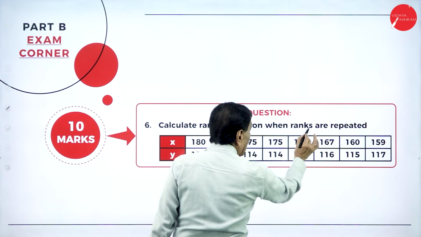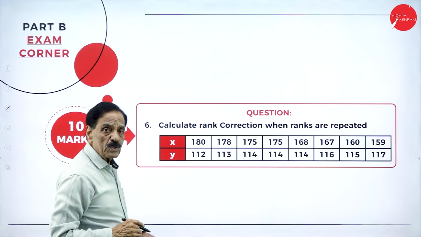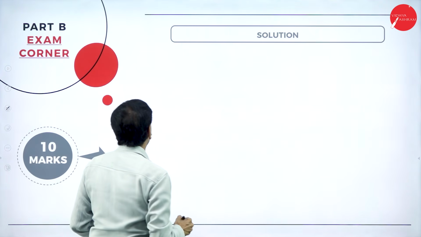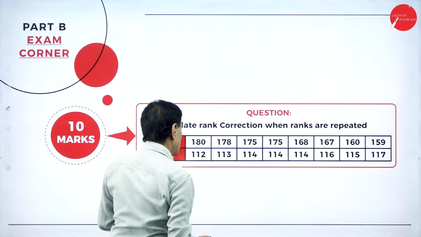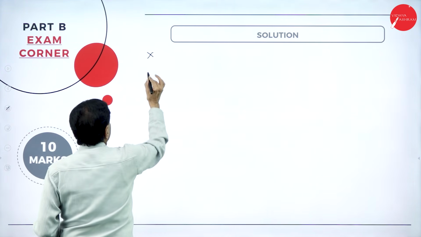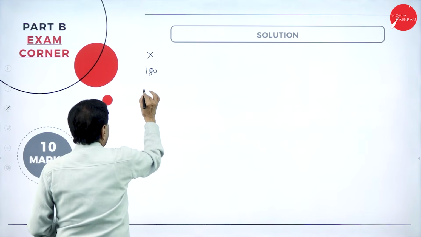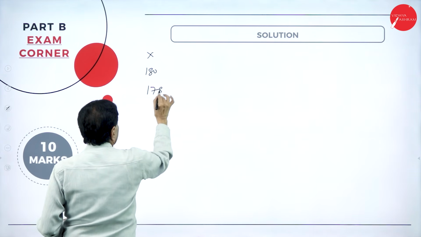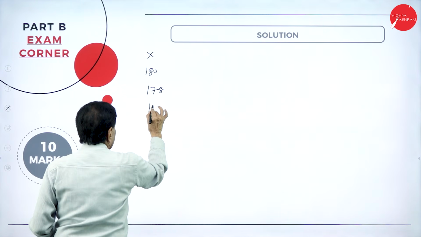Calculate rank correlation when the ranks are repeated. Now the question changes. When the ranks are repeated, X: what are the numbers? 180. What's the next number? 178. What's the next number? 175.